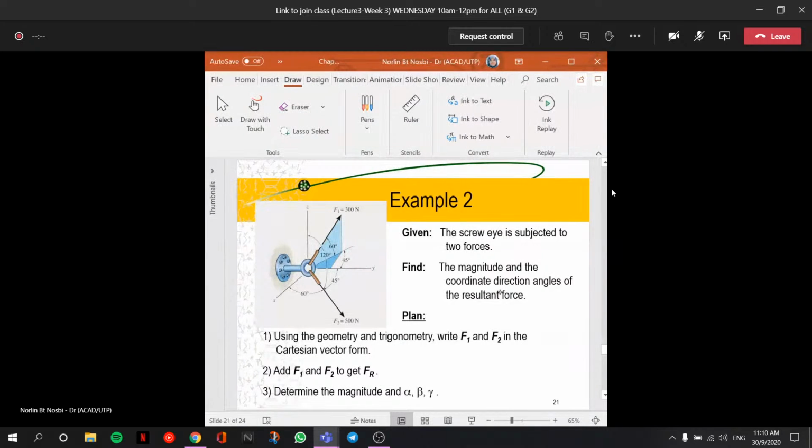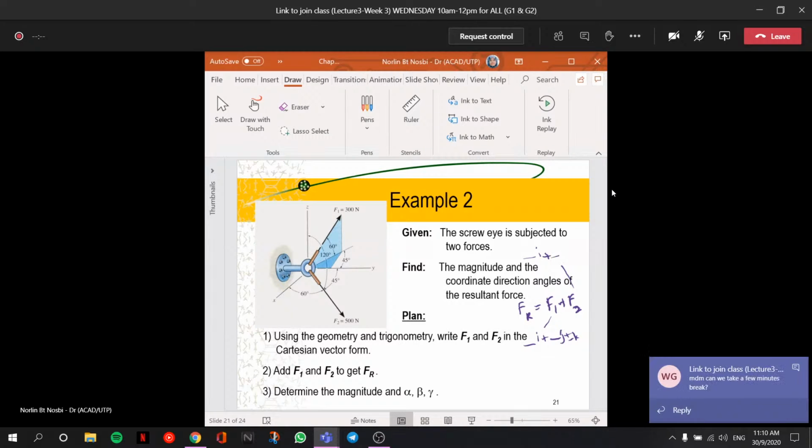So you need to find FR equals F1 plus F2. Before you solve this F1 plus F2, you need to find each coordinate. For F1, the i plus j plus k, and then for F2, you need to find the coordinate i plus j plus k.